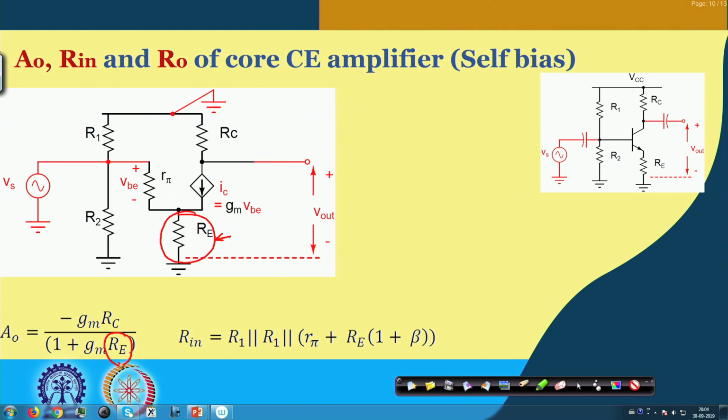So, whatever analysis we have done for this circuit, a similar kind of analysis we can do by considering this CE in parallel with Re. So, try to remember what things you have done, or at least this is the expression of the voltage gain. The same or a similar kind of expression we will get in case this Re is shunted by CE.